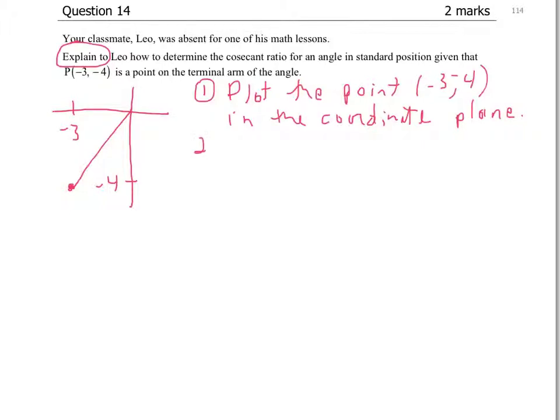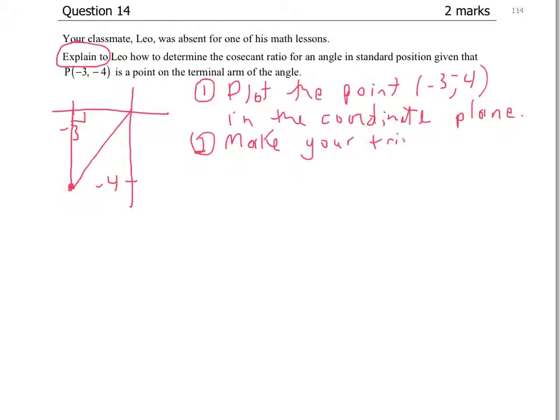The second thing is I'm going to continue making my triangle. When you make your triangle, draw it to the x-axis. Your right angle always comes from the x-axis. So make your triangle.